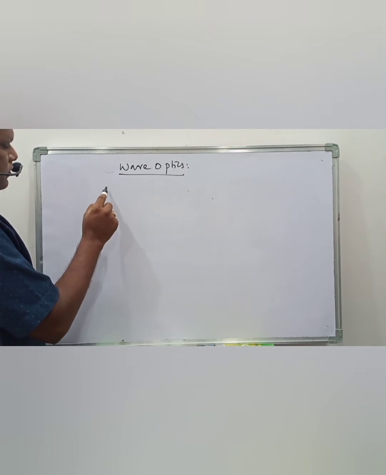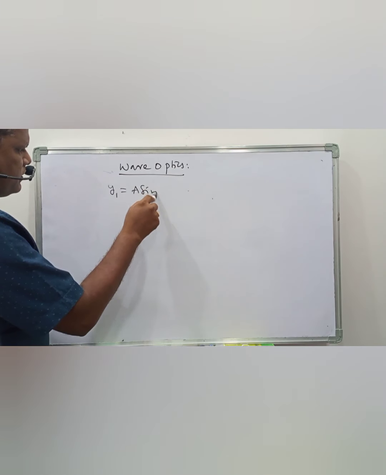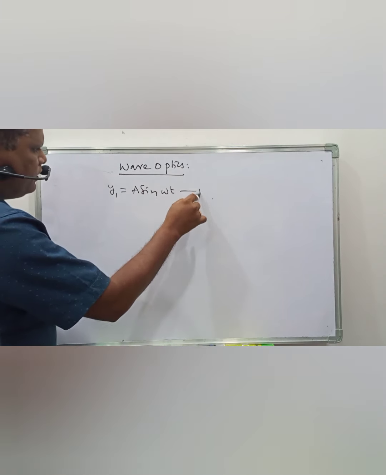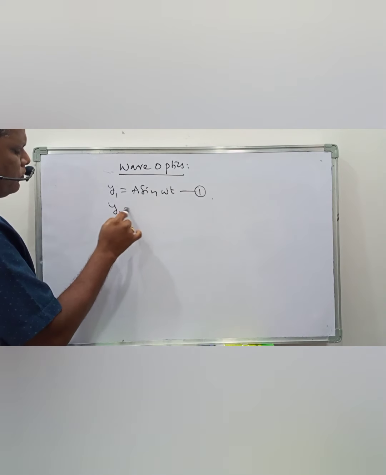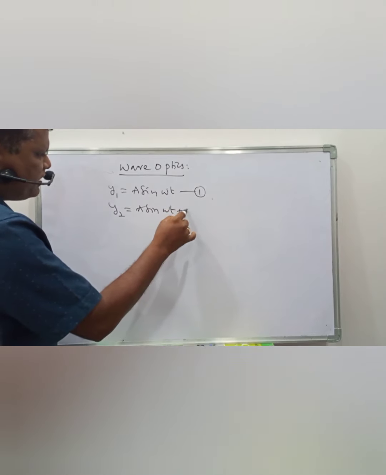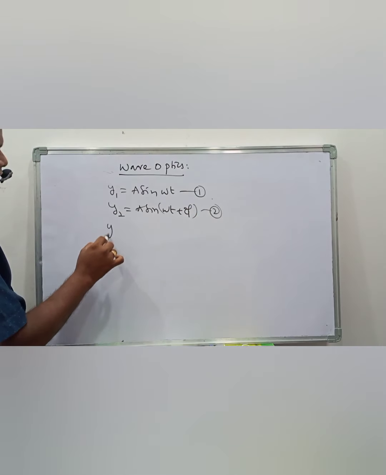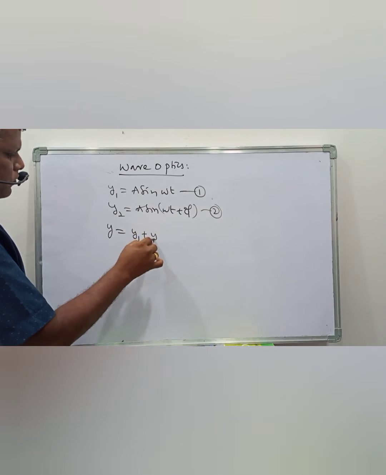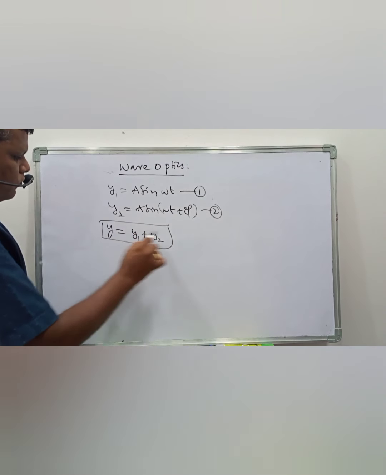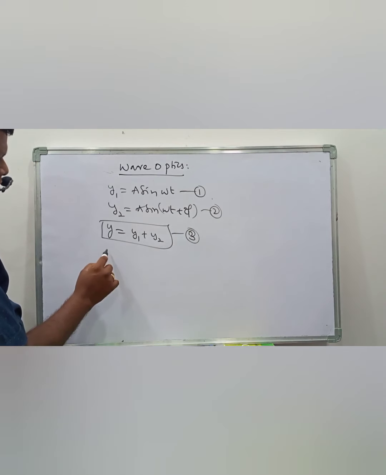Here one wave displacement is y1 = a sin omega t, and another wave displacement is y2 = a sin(omega t + phi). When the two waves are superimposed, y = y1 + y2 according to the principle of superposition.